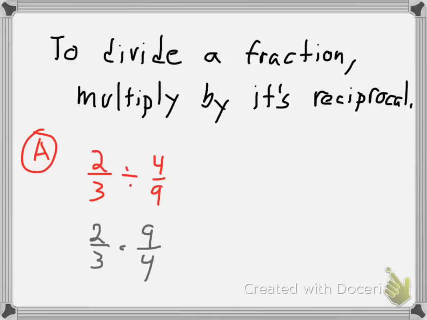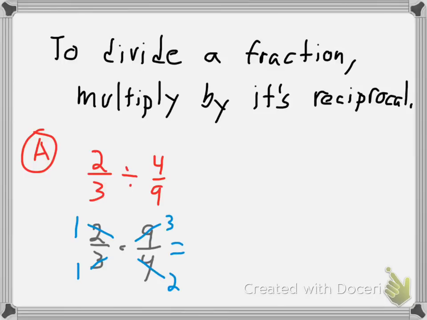Now looking at these, I can cross simplify here. For 2, 2 goes into both of them. 2 goes into 2 once. 2 goes into 4 twice. I can do 3 and 9 cross simplify by 3. 3 goes into 3 once. 3 goes into 9 3 times.